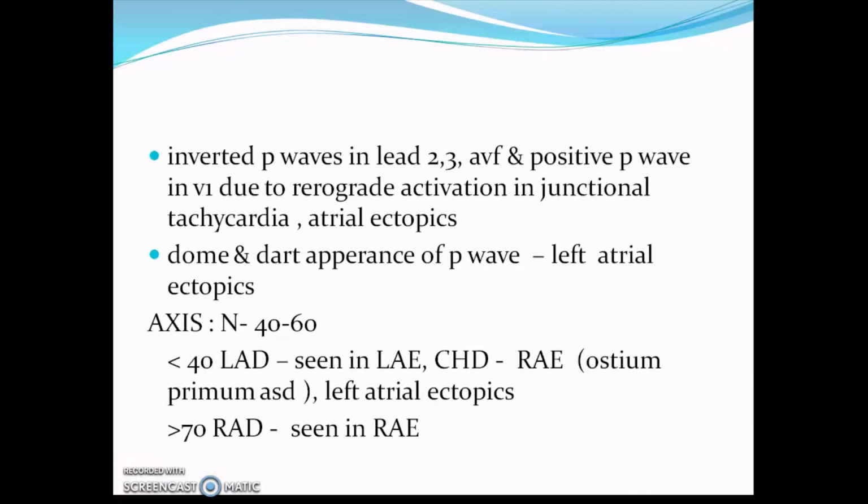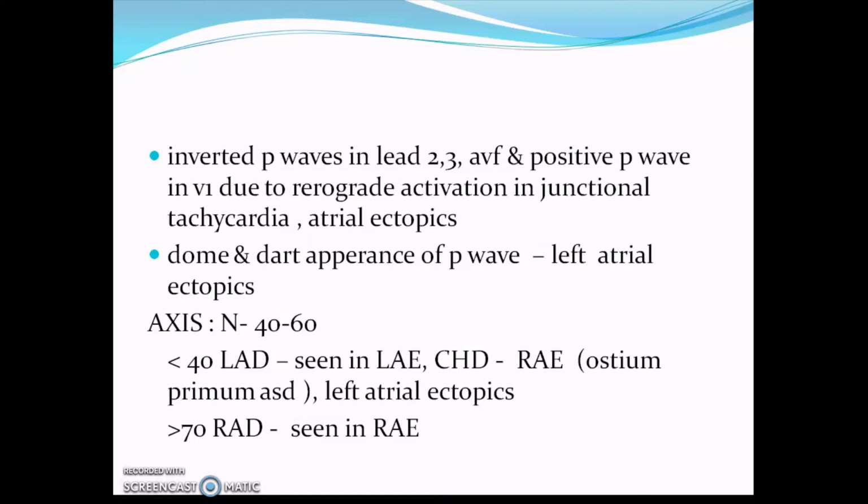Next is where you say inverted P waves. You can see inverted P waves in inferior leads 2, 3, aVF, whereas a positive P wave, normally the P wave is inverted in aVR, but here it will be positive due to retrograde activation in AV junctional tachycardia and atrial ectopics.